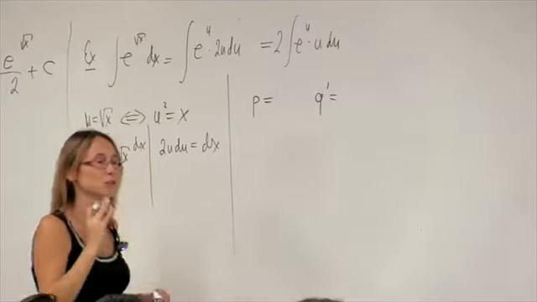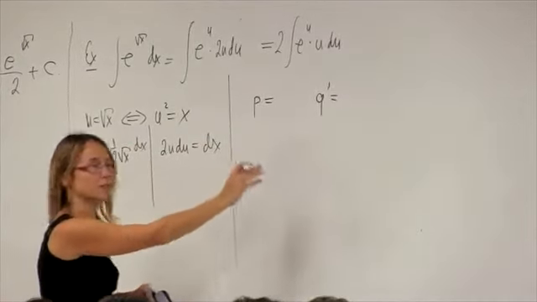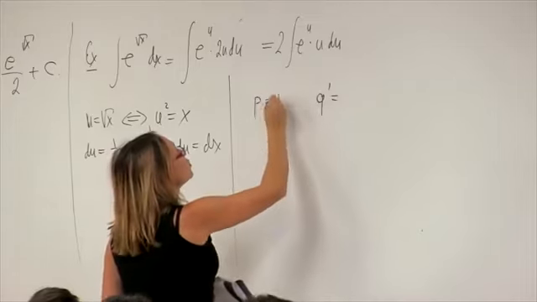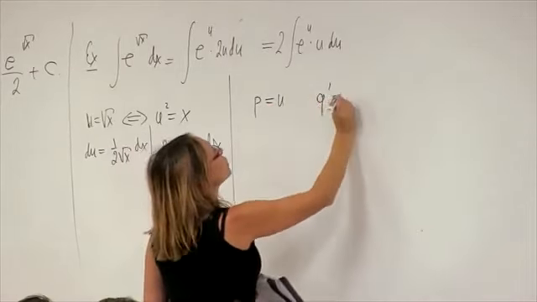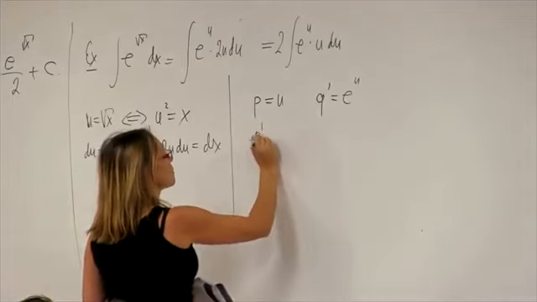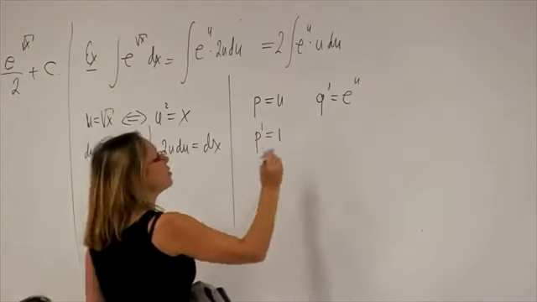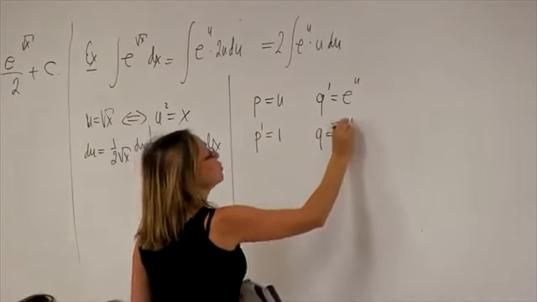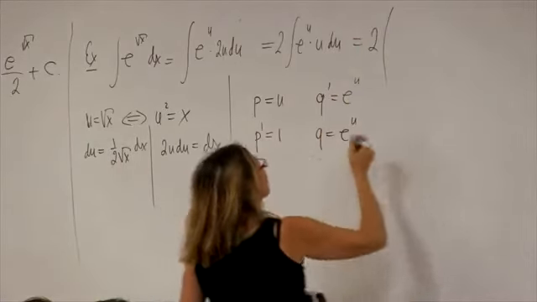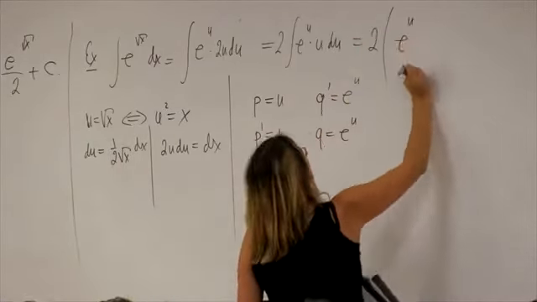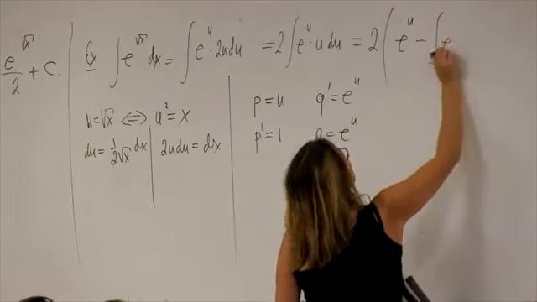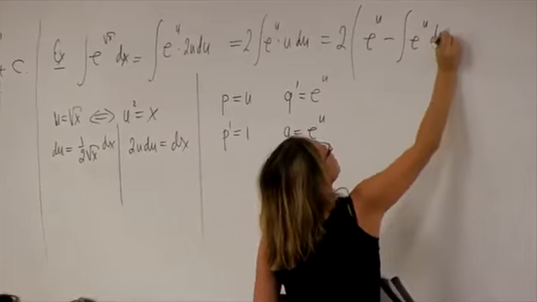So not to get confused, I invented new notations. P is going to be u, and q prime is going to be e to the u. Now I evaluate p prime, and the antiderivative of q is easy, right?